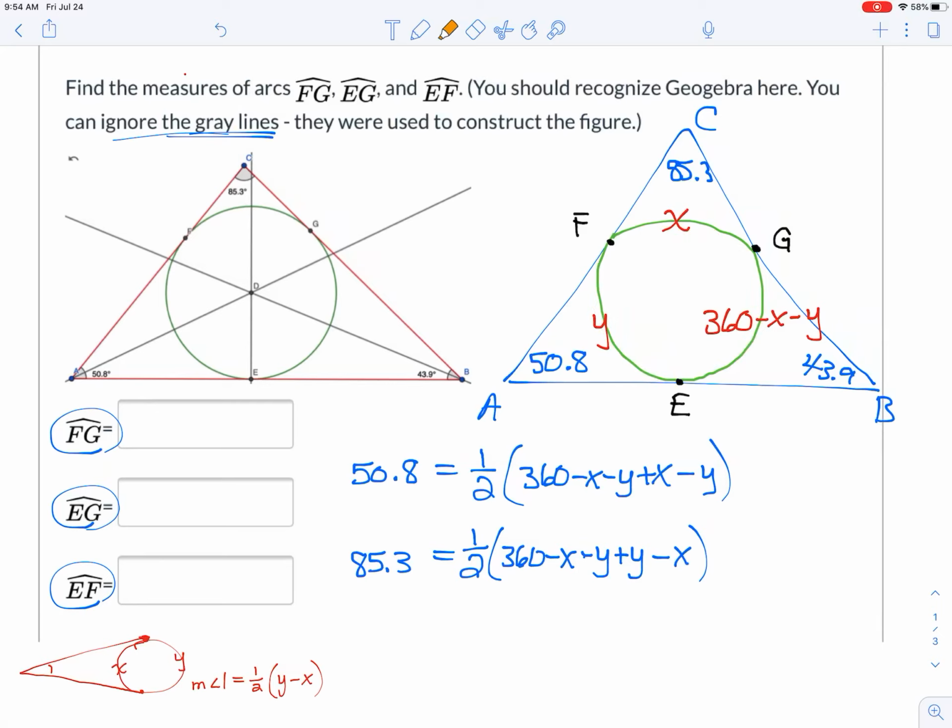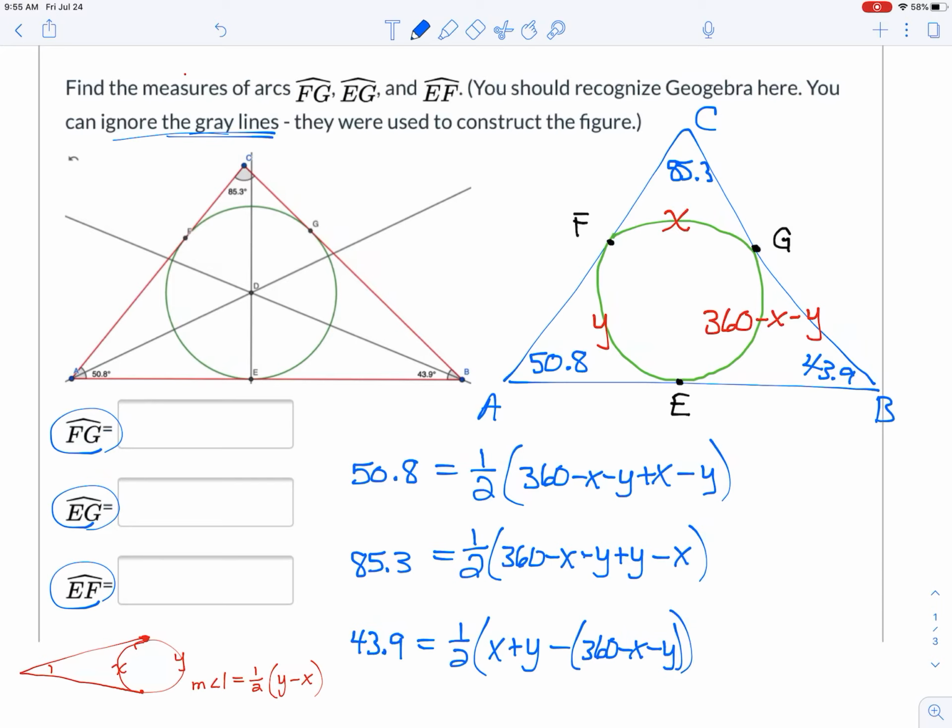We'll clean that up later. Let's find the third relationship. 43.9 equals 1/2 of, that's going to be x plus y minus this expression here. I'm going to put it in parentheses, 360, you should too, minus x minus y.